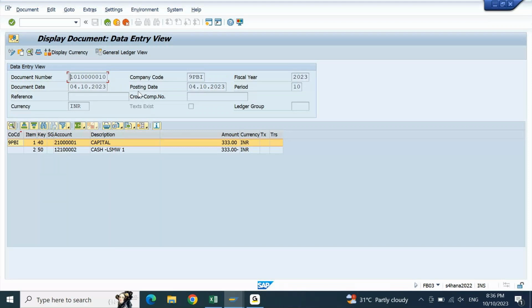In which ledger this is the 10th, we are unable to say because there is nothing called a ledger here, correct? Yes. Because I am able to see company code, fiscal year, period, and ledger group is blank. Whenever you see ledger group blank on the display screen, it represents this document has updated all the ledgers of your company code.